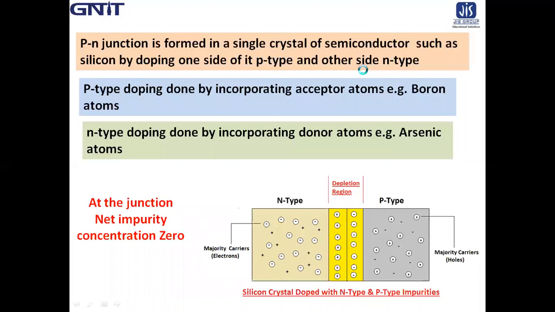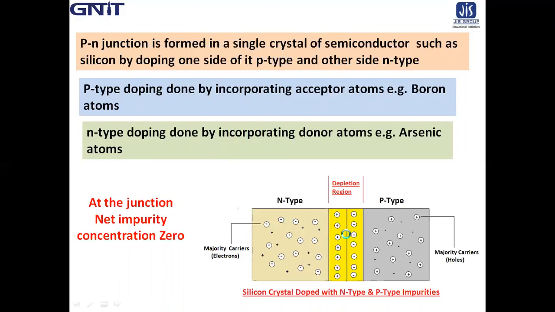P-type doping is done by incorporating acceptor atoms, for example boron atoms in silicon crystal, and n-type doping is done by incorporating donor atoms, for example arsenic atoms.